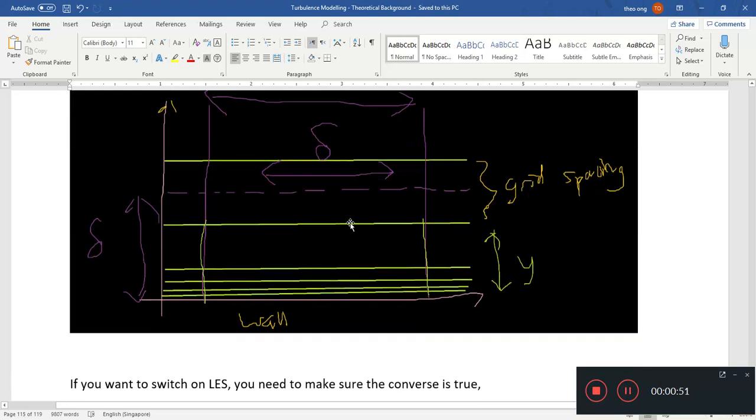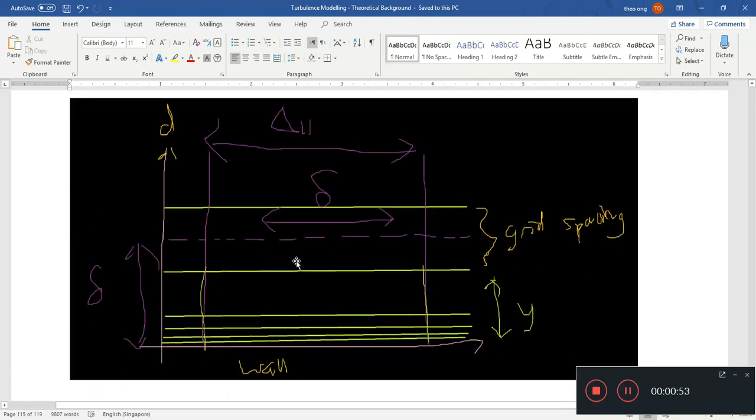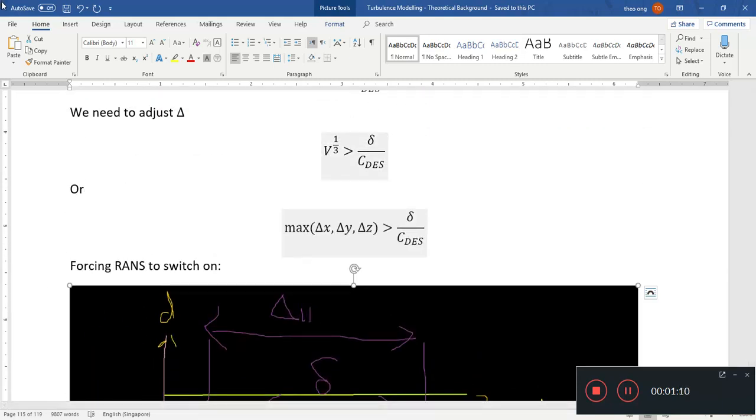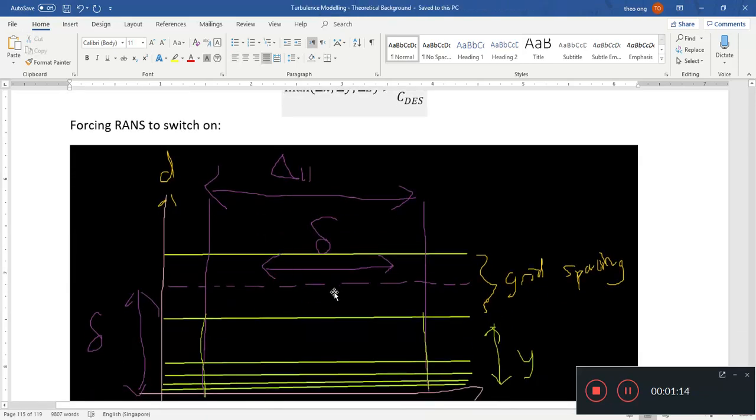So normally you want your Reynolds-averaged Navier-Stokes to switch on in the boundary layer. So if your boundary layer was, for example, this thick, you want to switch on the RANS model, the Reynolds-averaged Navier-Stokes model, in the boundary layer.